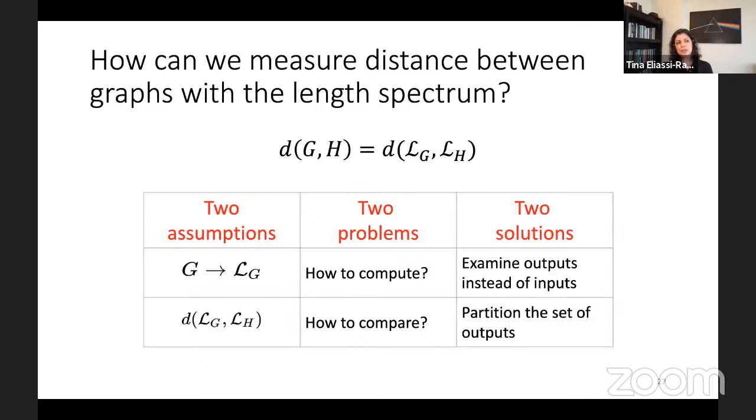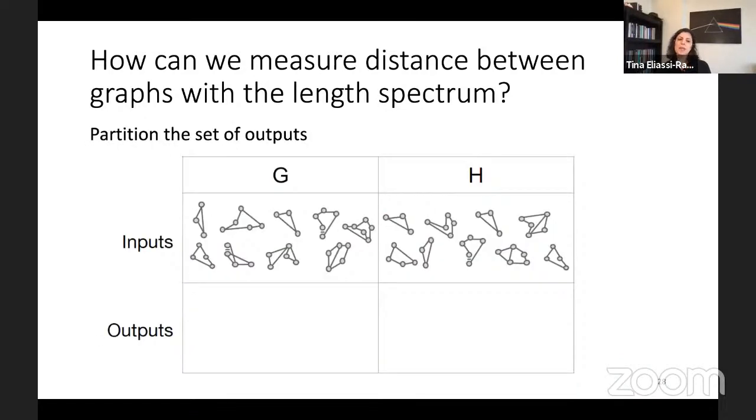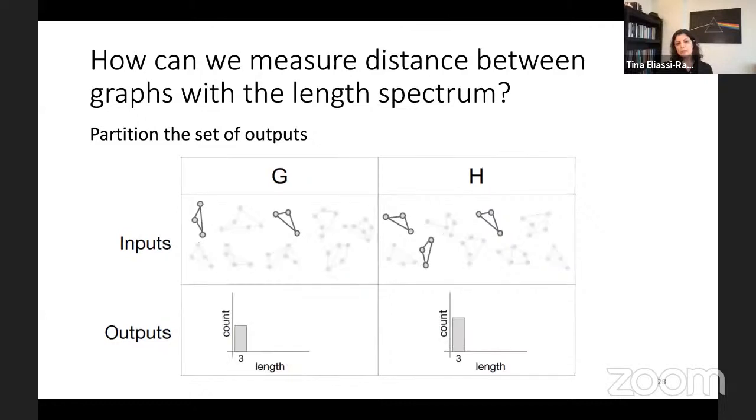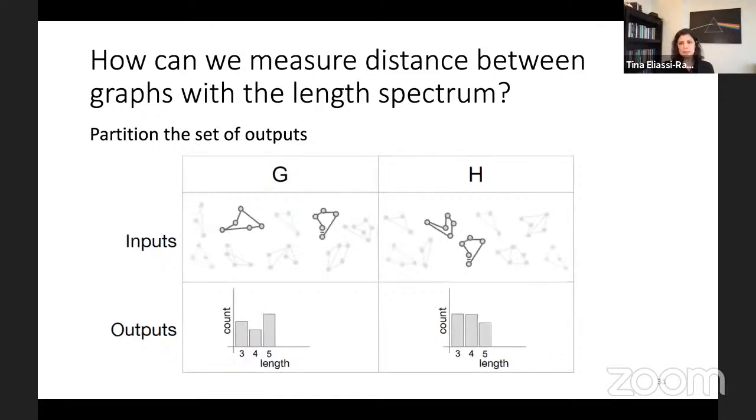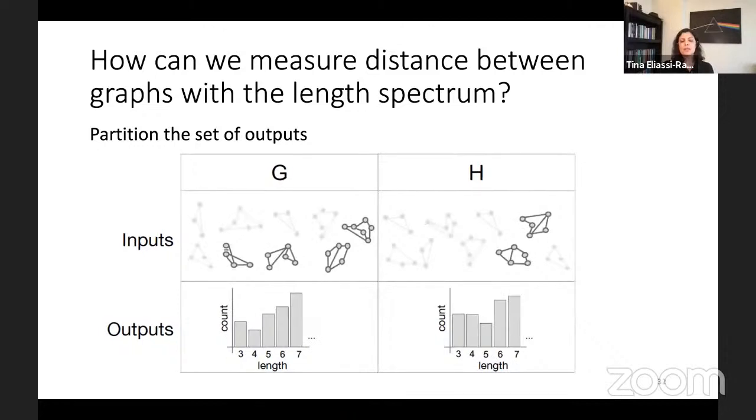So our solutions are to examine the output and not the inputs, and to partition the set of outputs. What does that mean? Instead of getting a graph and finding all of its non-backtracking cycles, all I really need for the length spectrum are the counts. What I need is how many triangles, or cycles of length 3, there are in a graph, how many cycles of length 4 there are, how many cycles of length 5 there are, and so on and so forth.